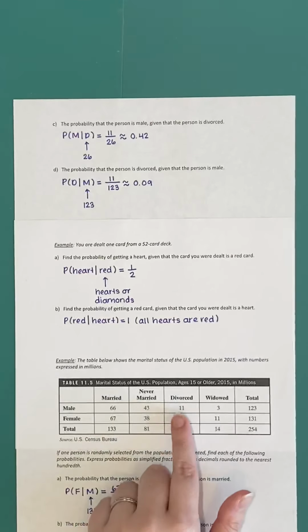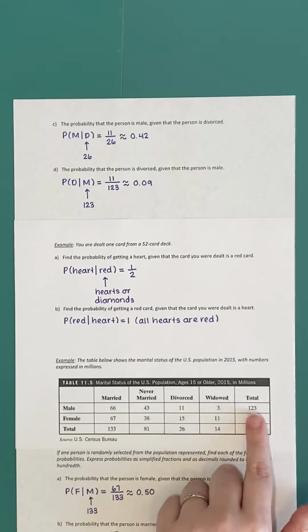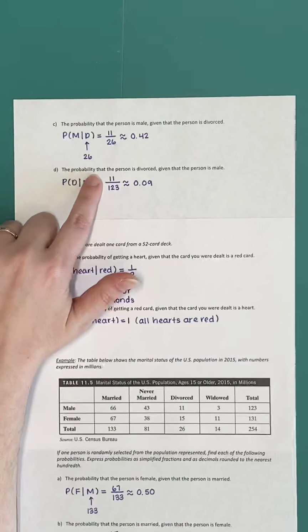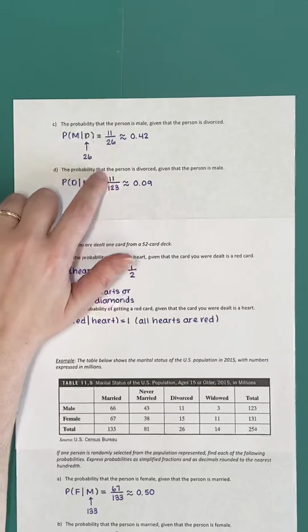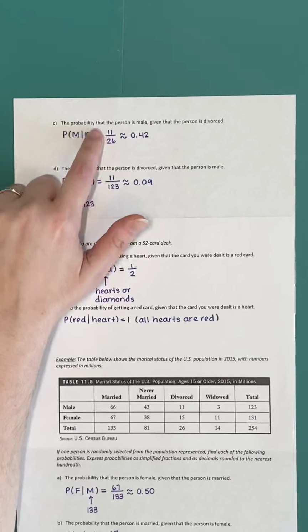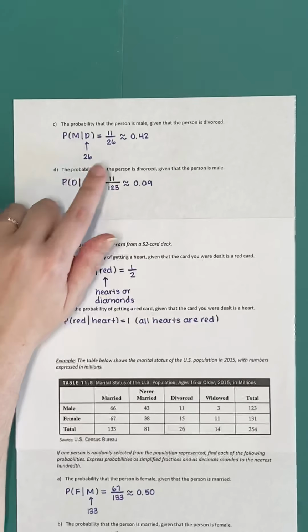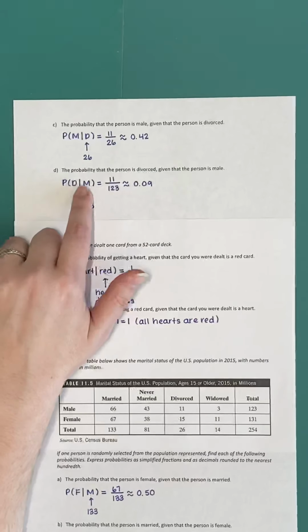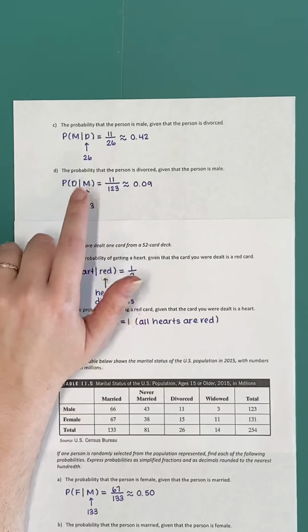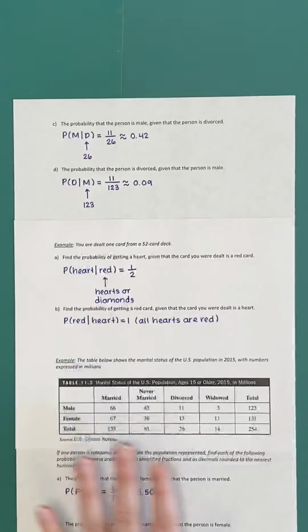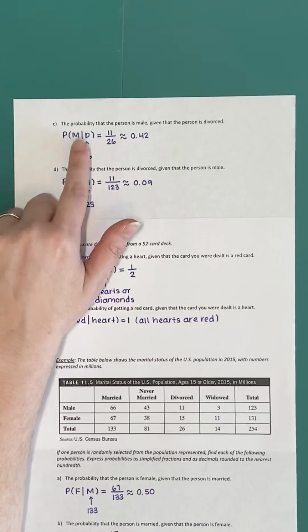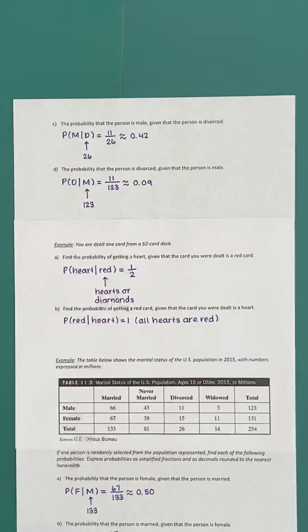So now we have a probability of 11 out of 123. Again, notice that the numerator hasn't changed. What does the numerator represent? The numerator represents the intersection of these two events. It represents whatever region in this table represents both of those events occurring at the same time.